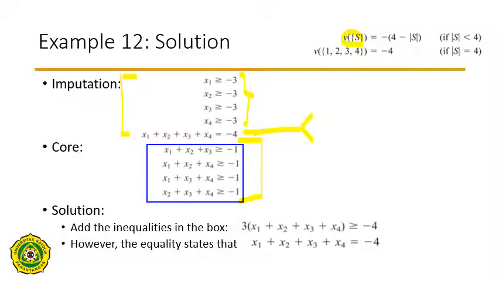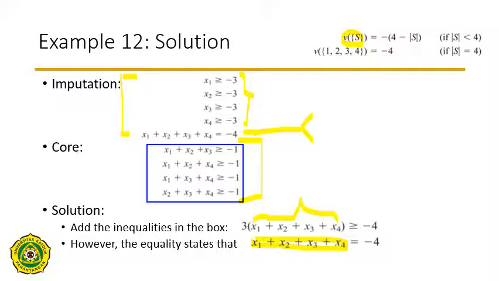there's no way to match this, because the equality says that the sum of this must be -4 exactly. But if you put -4 here, 3 times -4 is -12.